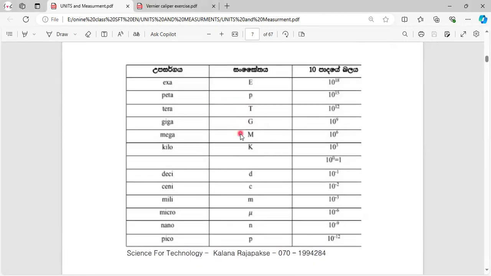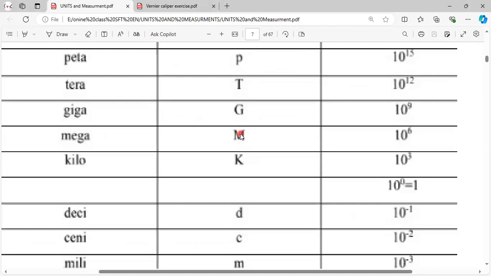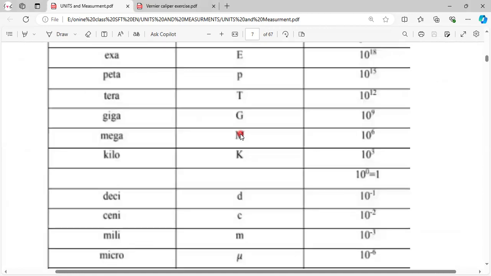For example, let's take the volt, right? Capital V, volt. So volt, I cannot say teravolt, right? Kilovolt I can say, megavolt I can say, giga.